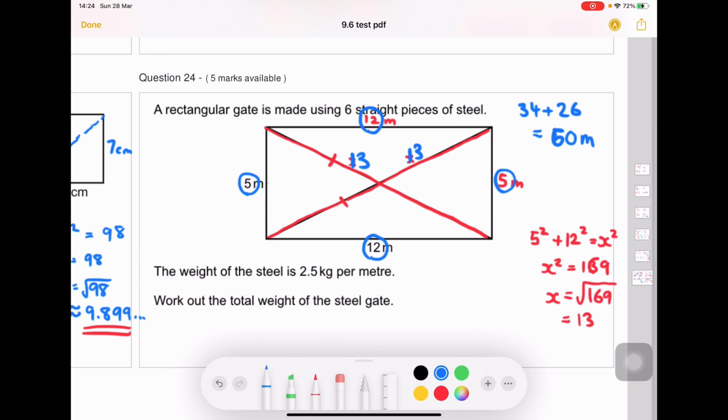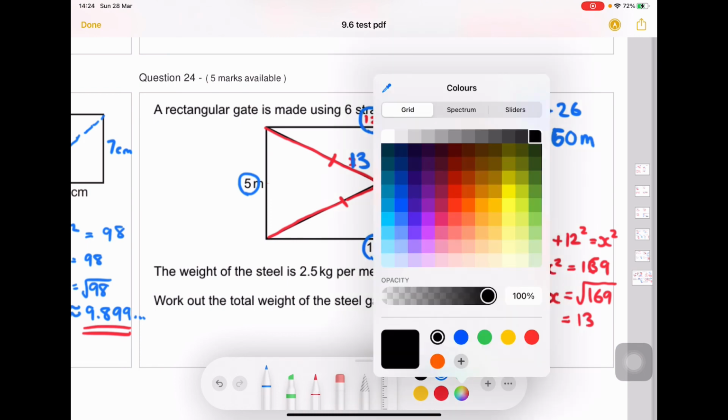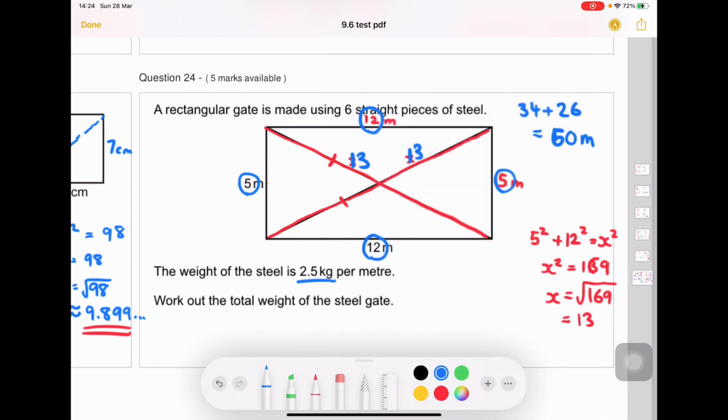So we have 60 meters of steel, and here it says the weight of the steel is 2.5 kg per meter. So now we need to use our knowledge of ratios. 2.5 kg for 1 meter. Here I write 60 meters. How do you get from 1 to 60? You need to multiply by 60, of course.